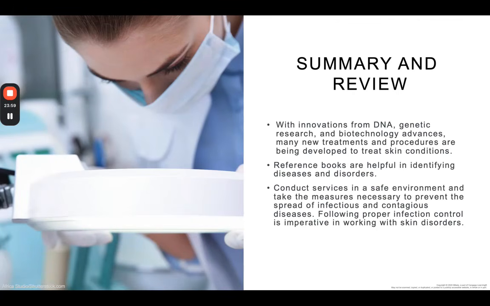With innovations from DNA, genetic research, and biotechnology advances, many new treatments and procedures are being developed to treat skin conditions. Reference books are helpful in identifying diseases and disorders, and conduct services in a safe environment and take the measures necessary to prevent the spread of infectious and contagious diseases. Follow your proper infection control; it is imperative in working with skin disorders.